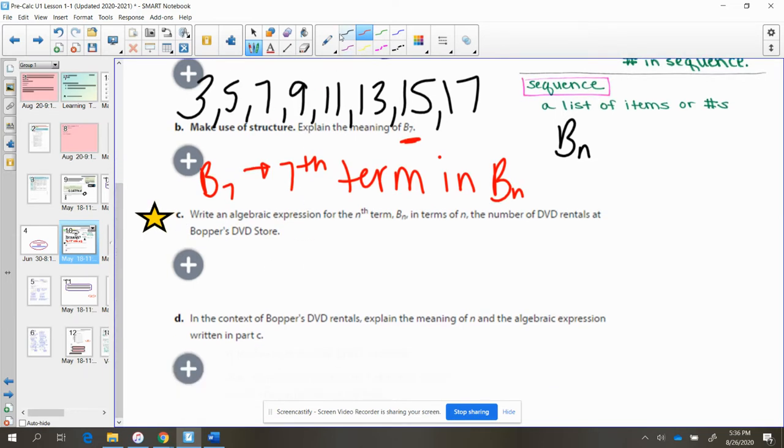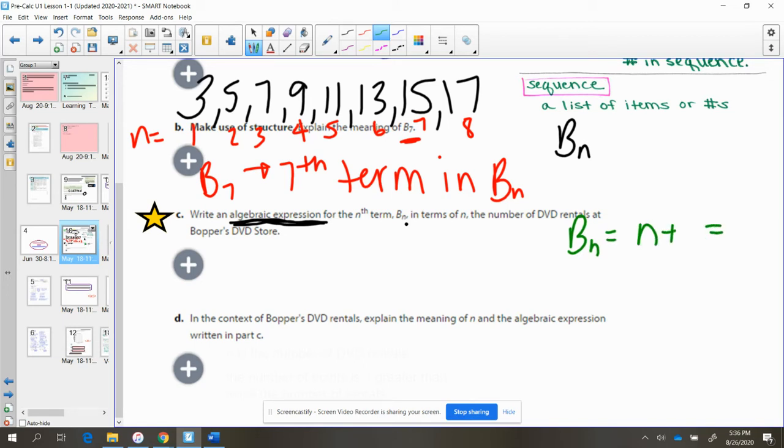Now, an algebraic expression then is basically if we could come up with a formula so that if we plugged in a value for n, we would get that value in the sequence. So let's say n up here equals 1, 2, 3, again, representing the terms in the sequence. If we could just plug n into an expression, how could we get that output value, in this case of 3, 5, 7, 9? Now, if we play around with this, let's say B sub n equals n plus what.